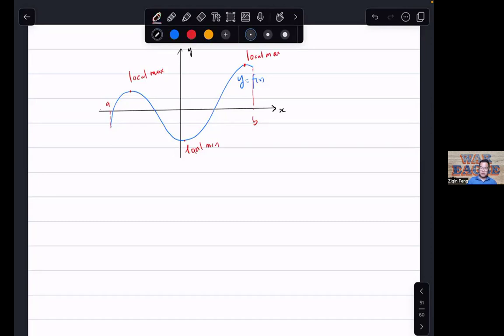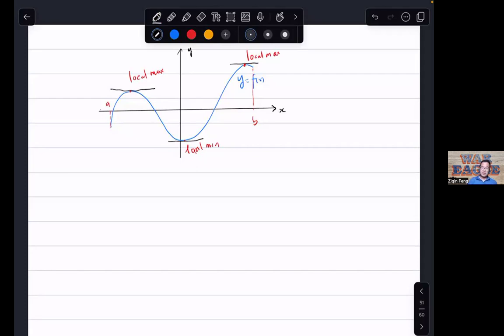It's not hard to imagine that if your tangent line is going up or going down, this cannot be a local extreme value. It's getting larger and larger or smaller and smaller. So this is one of the conditions. By looking at the derivative, we can identify local extreme values.